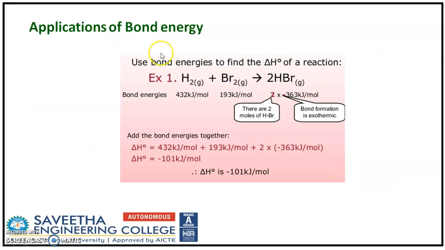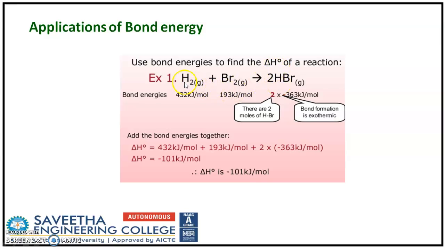And what are the applications of bond energy? The bond energy is used to find the delta H naught of a reaction. It is measured in two different ways. In the first method, they directly add all the bond energies in the reaction.